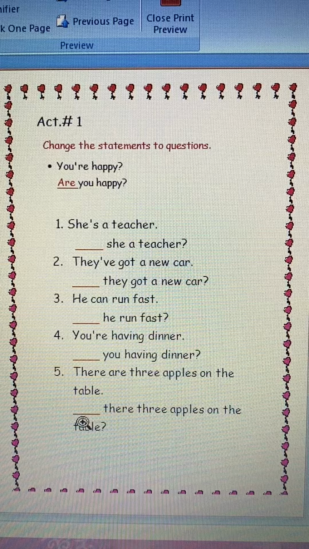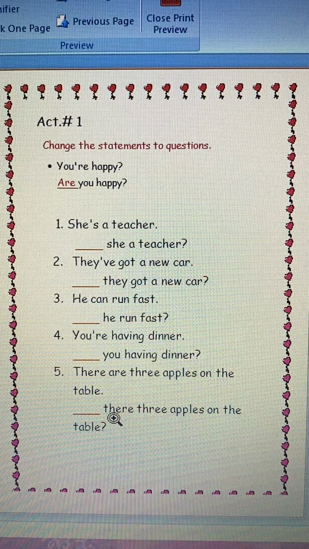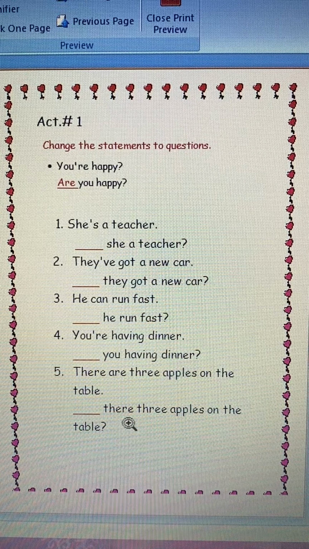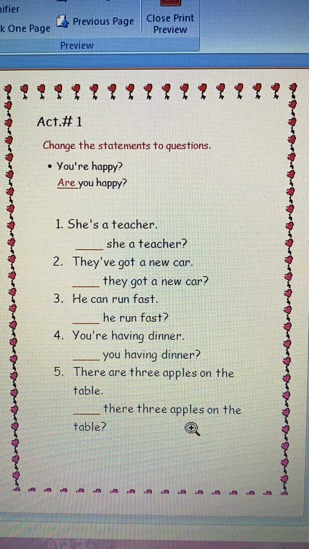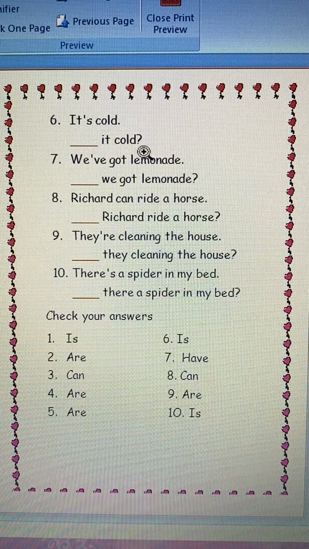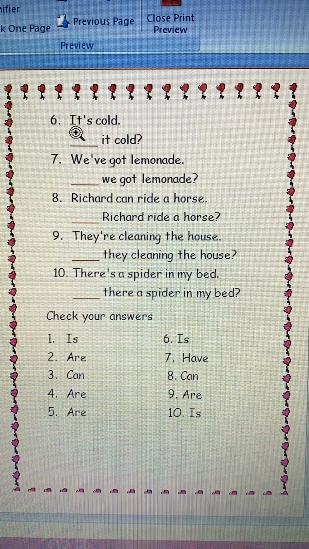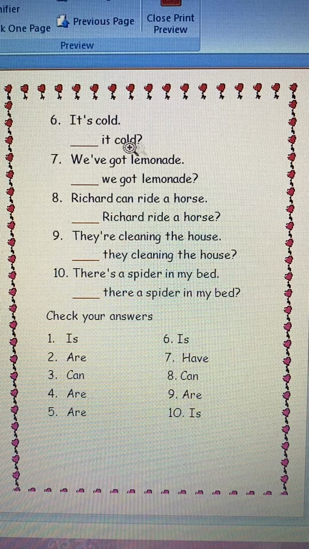Write are before there. Are there 3 apples on the table? Okay, let's go to number 6. It's cold. The verb be is is. Is it cold?